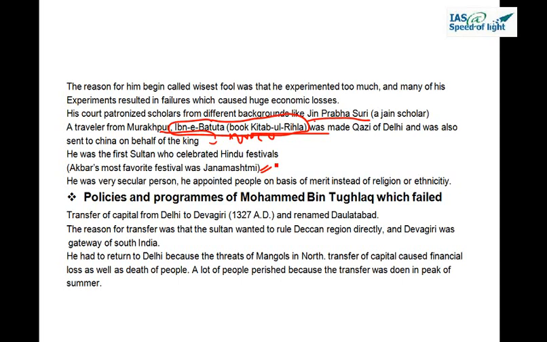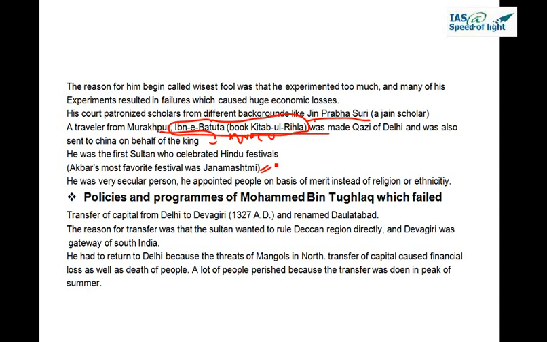in 1326 or 1327, Sultan decided to shift his capital from Delhi to Deogir, which is in the Deccan, that is Daulatabad, because it was more centrally located. There is another version by Ibn Battuta. He said the people of Delhi used to write letters containing abuses to the Sultan.